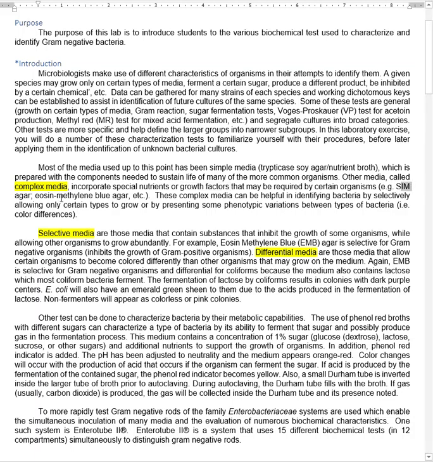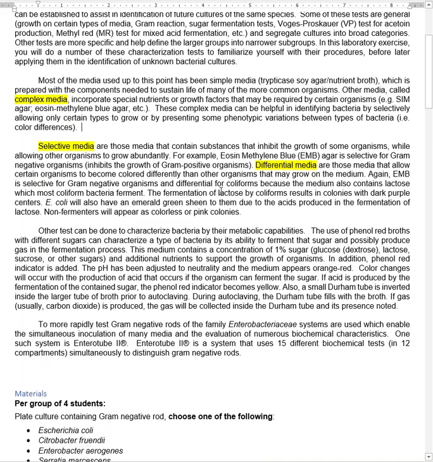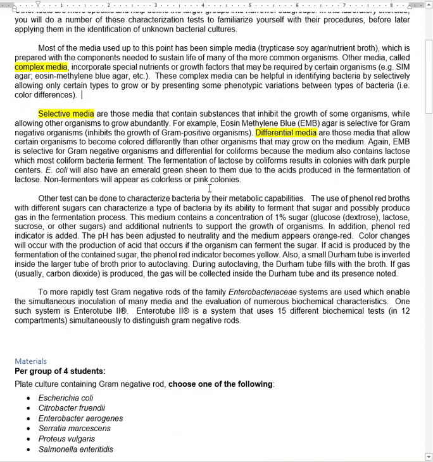Examples are our SIM agar, EMB plates, and so forth. Complex media help us identify bacteria by selectively allowing only certain bacteria to grow on them. The EMB plate, well, that's in the next one. I'll go ahead and defer until we get to that. But anyway, complex media have special nutrients or growth factors that specific bacteria need to thrive.